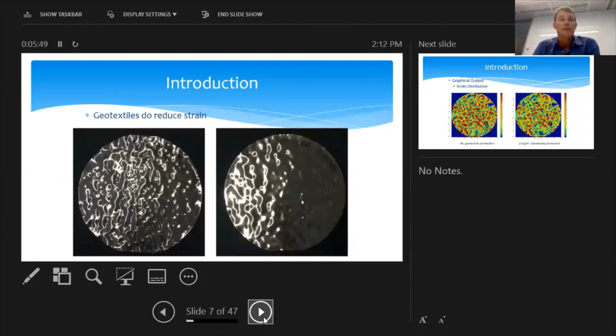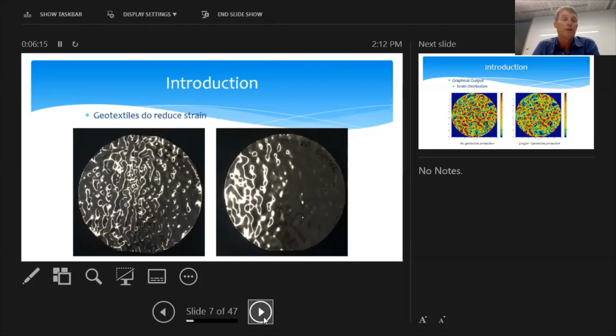So from a strain perspective, and that's what we're going to talk primarily about today in terms of these geomembranes, it's not about puncture, it's about strain on the liners. There's an example with exactly the same rock profile with two different tests carried out. The slide on the left is a profile that is left when we've had no geotextile protection.